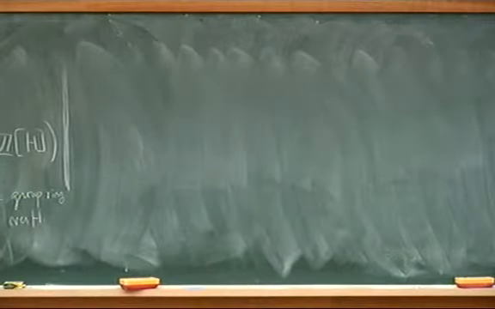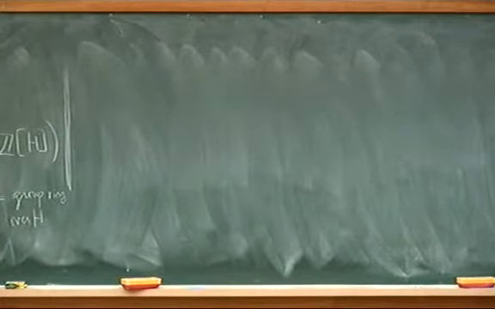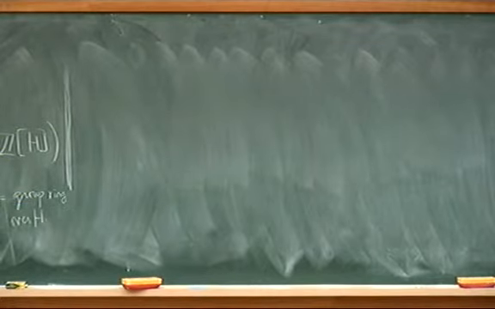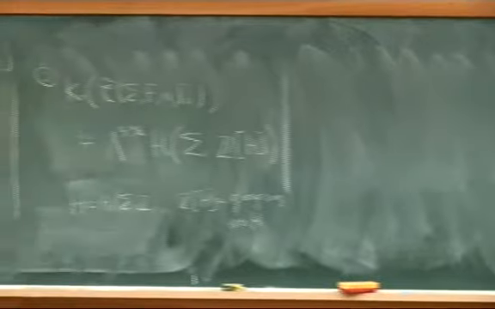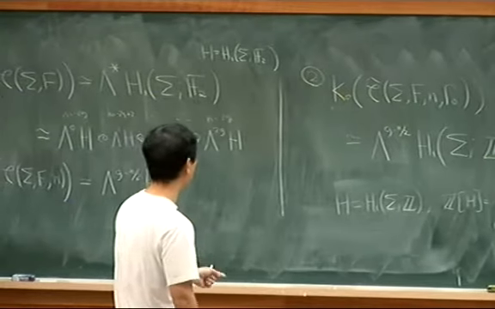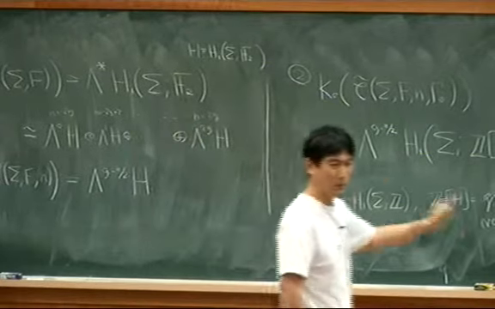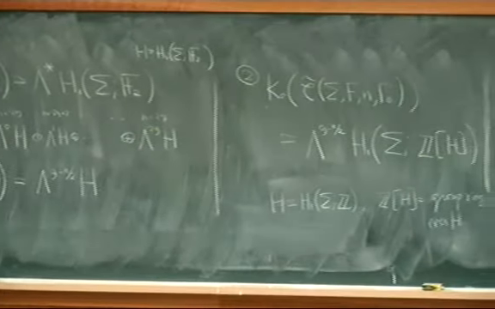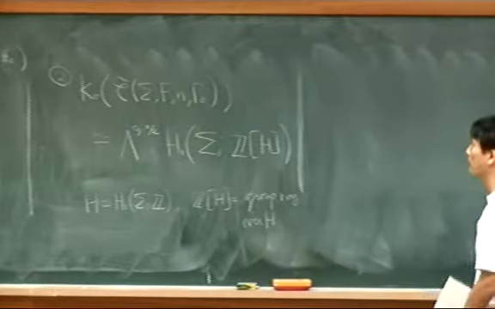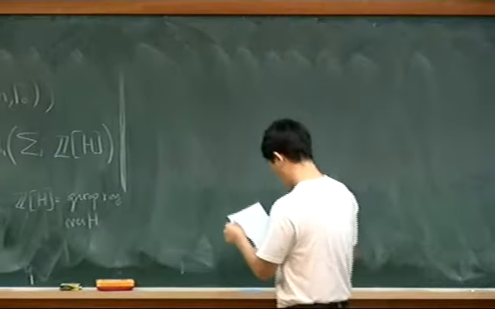Is that okay so far? Maybe it's not so clear what's happening, but can you provide the generators of each of these degrees? Yeah. Okay, so maybe I'll give you a slightly more specific example where I can actually provide the generators.